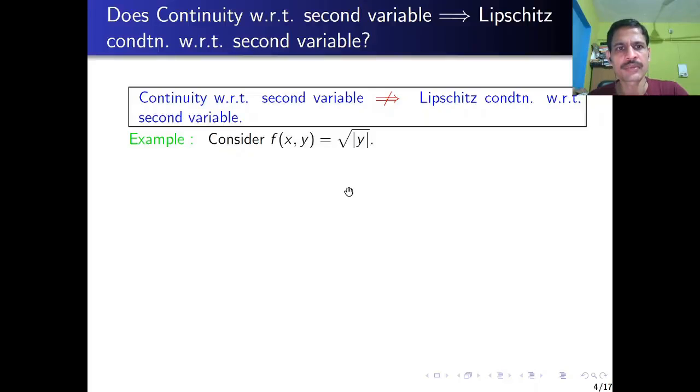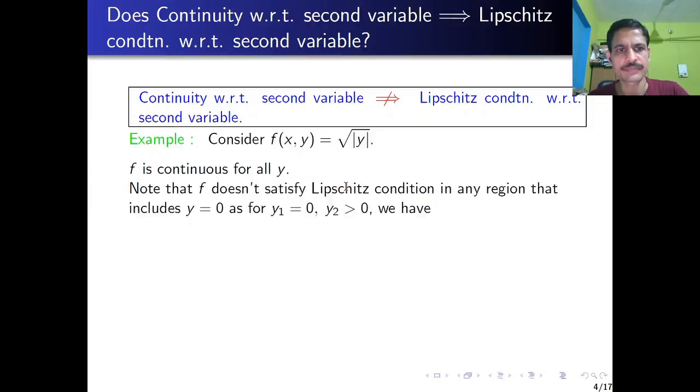For that, we had considered an example, namely f(x, y) is equal to square root of modulus of y. So here the function f(x, y) is a continuous function for all values of y. But f does not satisfy Lipschitz condition for any region that includes y equal to 0.